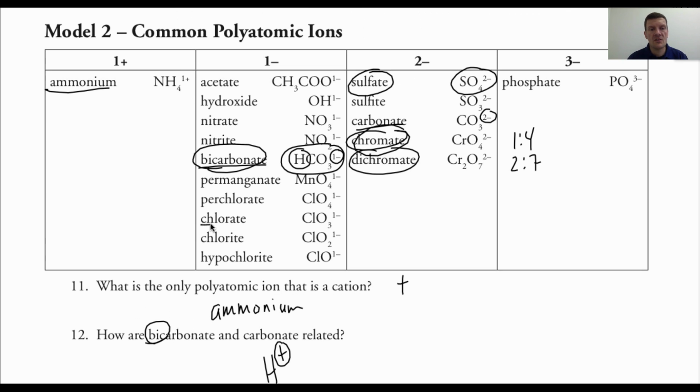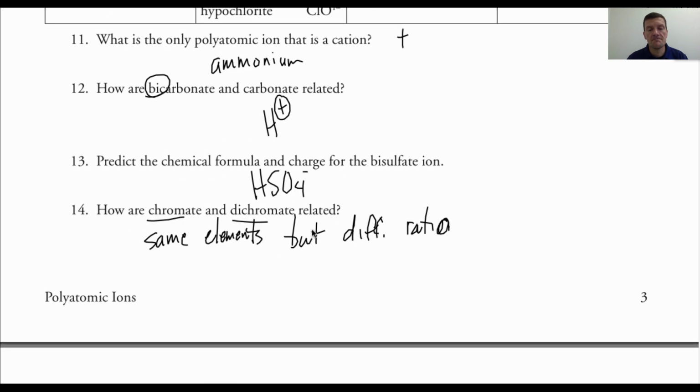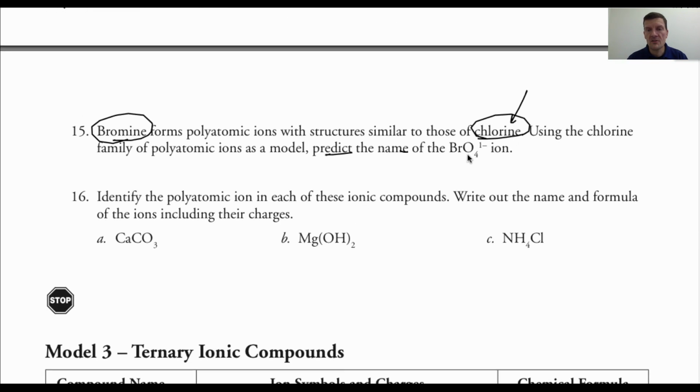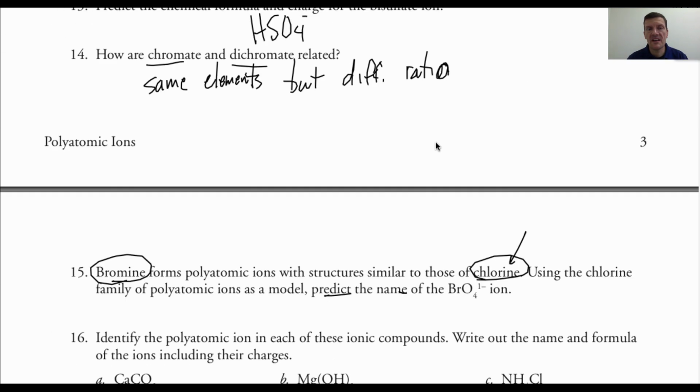Here we've got chlor, that's the root part of chlorine, ends in ATE. There's the chlor, ends in ITE. So chlorate, chlorite. We're going to just mimic those right there. We're basically going to copy those down, but replace the Cl with the Br.